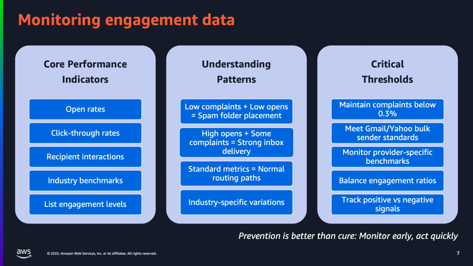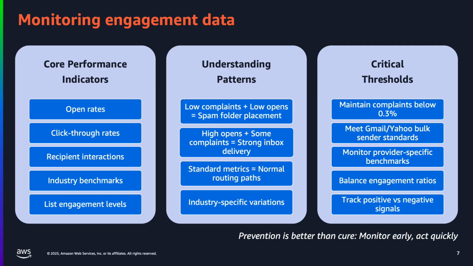Engagement metrics can tell different stories depending on context. Low complaints paired with low opens and clicks often signal spam folder placement, not better performance. Meanwhile, complaint rates near 0.3% may still land in the inbox if open rates are high, likely 40%, proving strong recipient engagement.